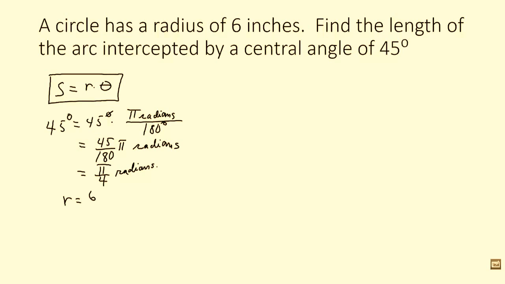The measure of the central angle in radians is pi over 4. So theta is pi over 4. So the length of the arc intercepted by this central angle is, using our formula, S is equal to R times theta.